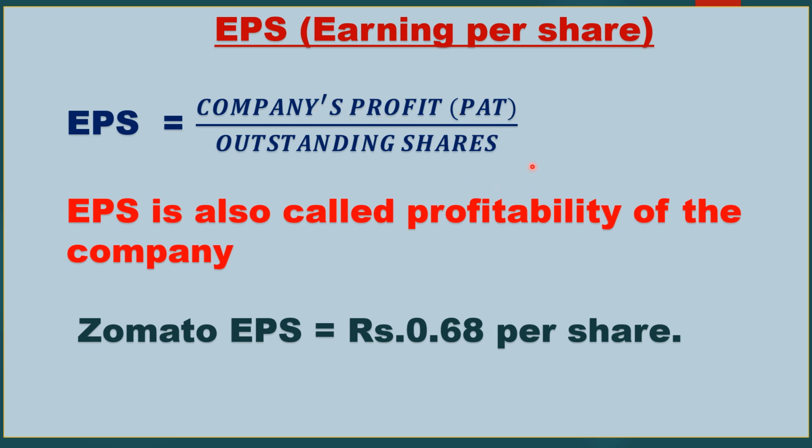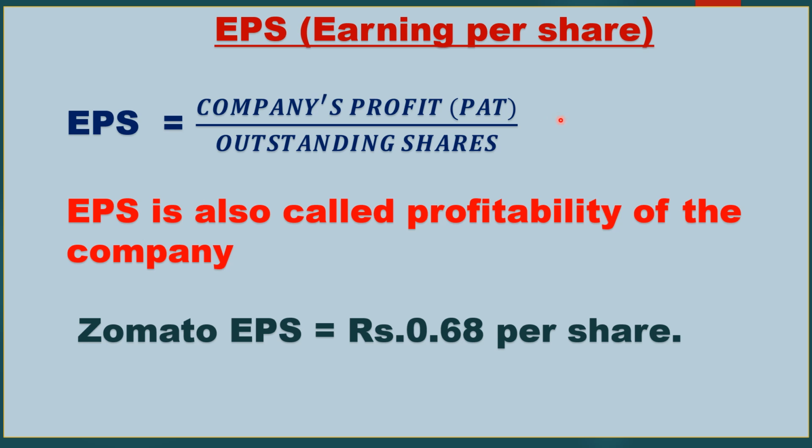Now, what are outstanding shares? The company issues shares to investors. The total number of shares the company issues to investors and brokers is called outstanding shares. And suppose EPS is very high, that means it is a highly profitable company. It earns good profit.